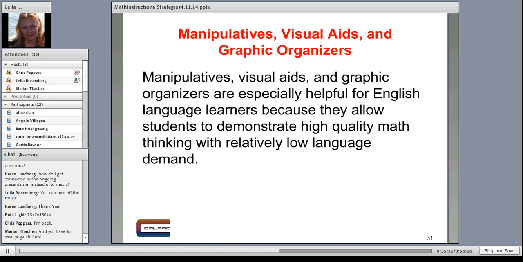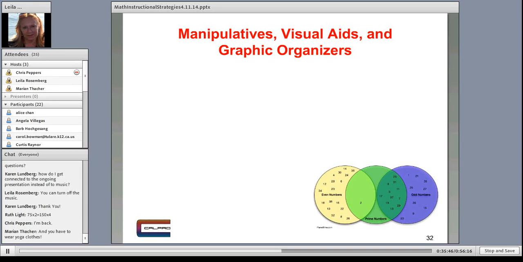They're especially helpful for English language learners because they allow students to demonstrate high-quality math thinking with relatively low language demand.